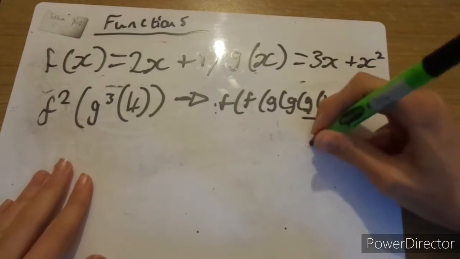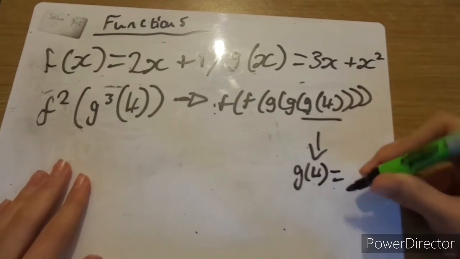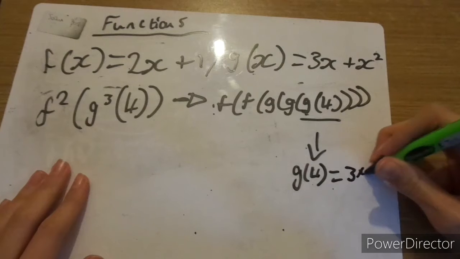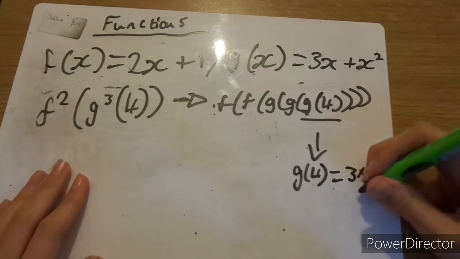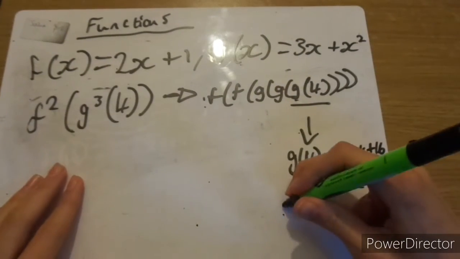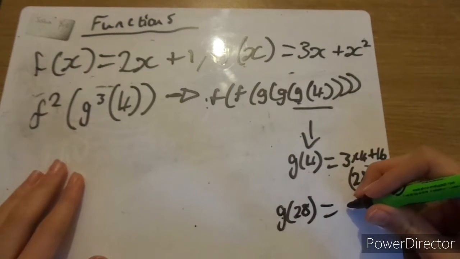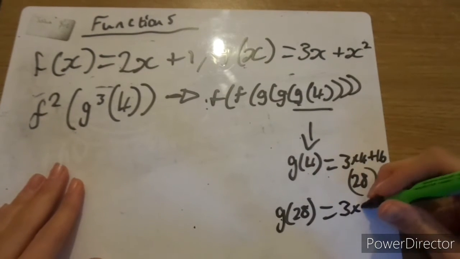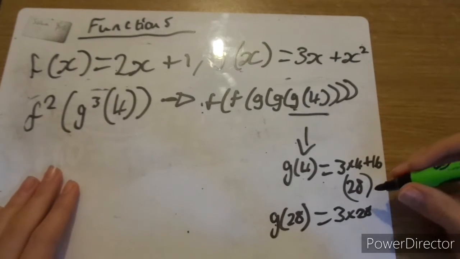So you've got to do g of 4 first, which is equal to 12 add 16, which is 28. Then you've got to put 28 into the next g, so g of 28 is equal to 3 times 28, that's 84, add 28 squared.